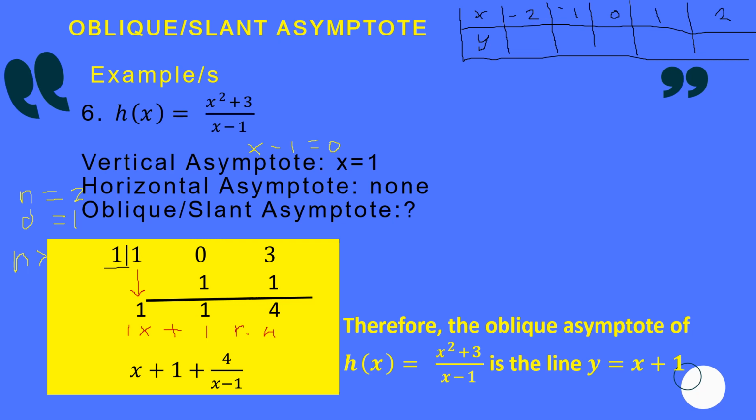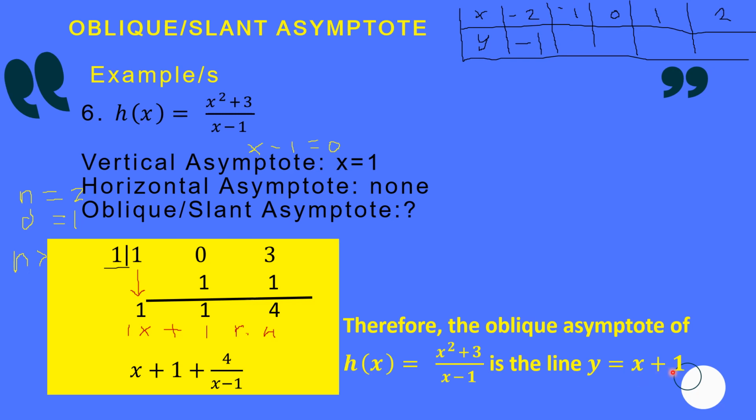So, that is negative 2. Isa-substitute natin dito sa x sa baba. So, magiging negative 2 plus 1, that is equal to negative 1. So, ilalagay natin dito, that is equal to negative 1. Next is negative 1. Isa-substitute natin dito sa x.